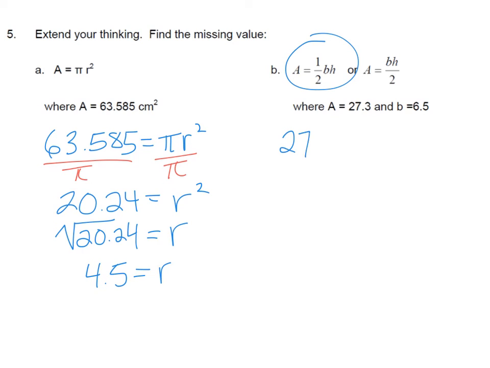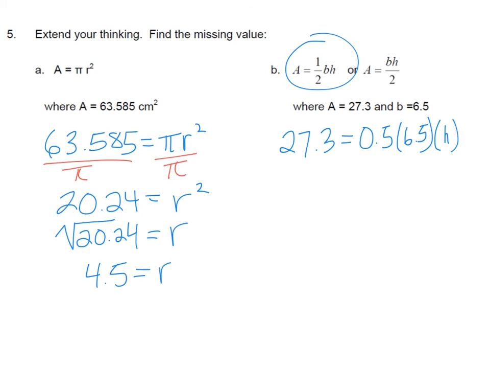So the area was equal to 27.3, equals half, or 0.5, I'm going to write it as, base, which was 6.5, and height, which is the unknown variable we're going to try to figure out.